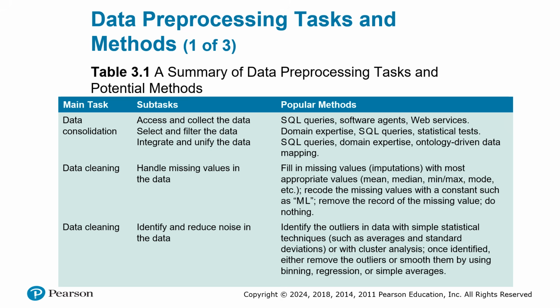These are the pre-processing tasks and methods like data consolidation, data cleaning, reducing noise in the data, and handling missing observations. We already discussed these contexts, how you collect the data and then manage the data.